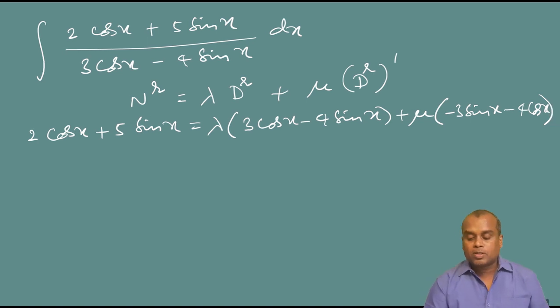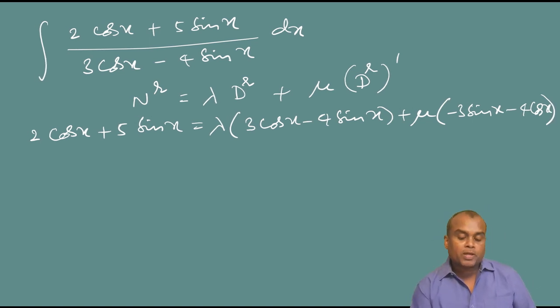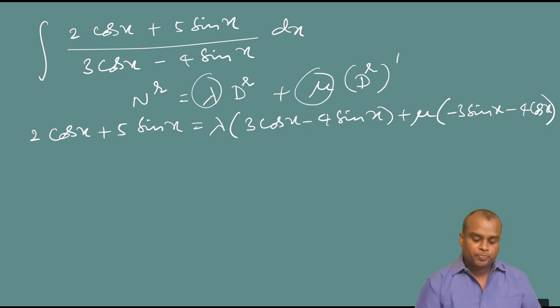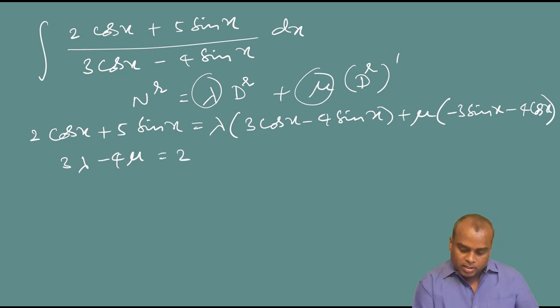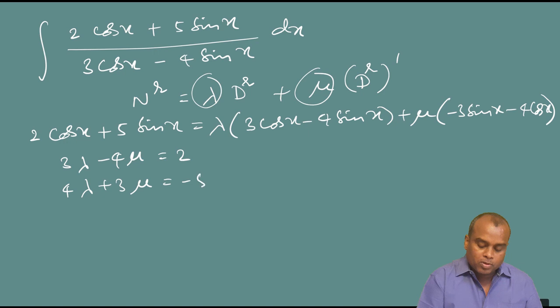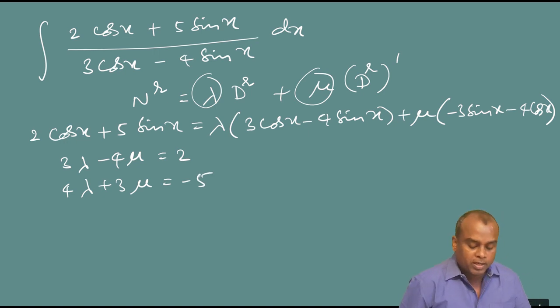Okay, now what we do is, we compare the corresponding coefficients on both the sides to find our values lambda and mu. So comparing the coefficients of cos x on both the sides, I have 3 lambda minus 4 mu is equal to 2. And on the right hand side, the coefficients of sin x, that is minus 4 lambda minus 3 mu is equal to 5. So I brought that minus to the right hand side.